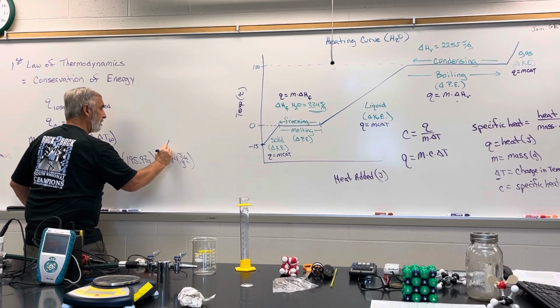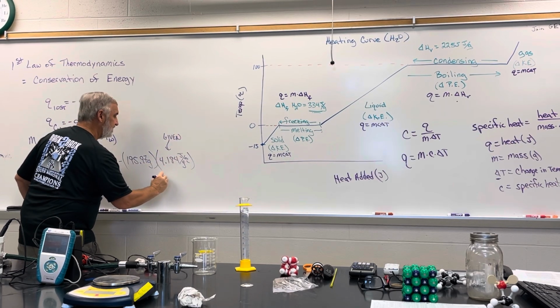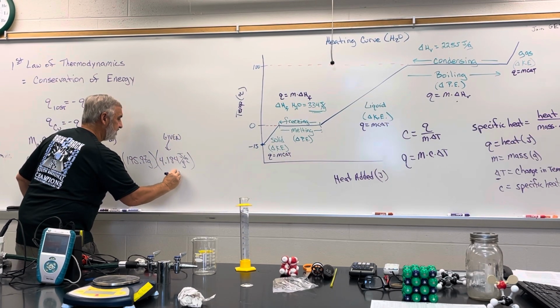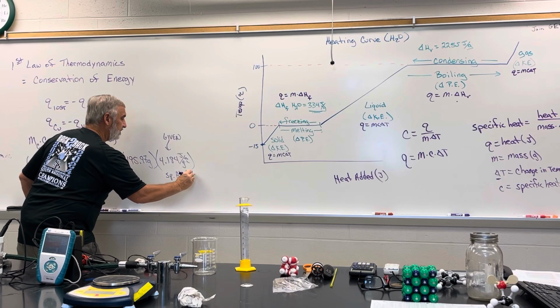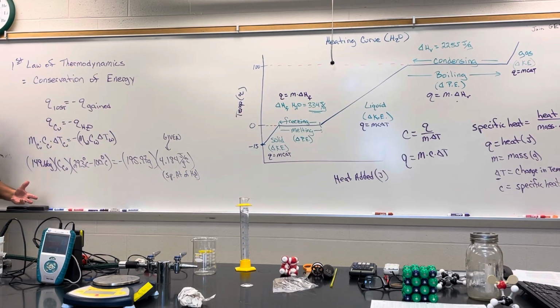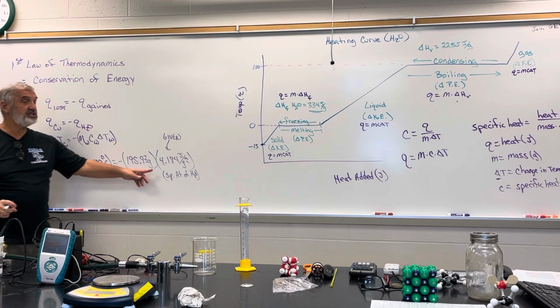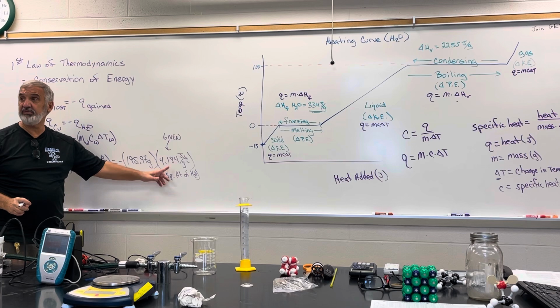It's the specific heat of water. Again, just so you know what every number is: this is the mass of the water in the cup, and this is the specific heat. It's a constant. Water is always that.